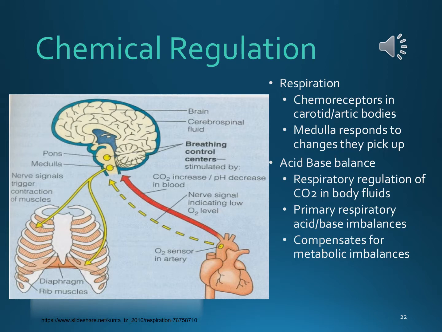You also have breathing control centers in your pons and your medulla that respond to the pH of cerebrospinal fluid, and if you recall, the pH is influenced by the concentration of bicarbonate ions. So if you have a lot of carbon dioxide, the pH will be lower, and that is how those receptors pick up on changes in carbon dioxide.